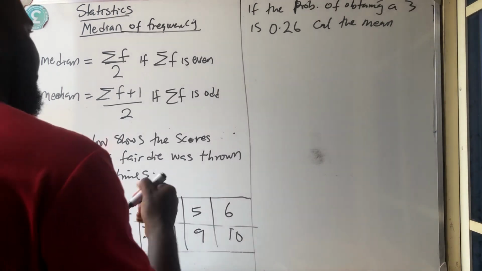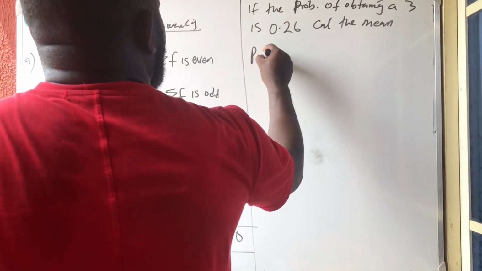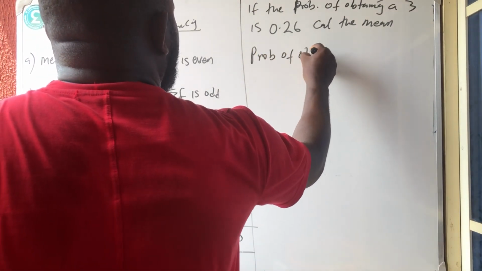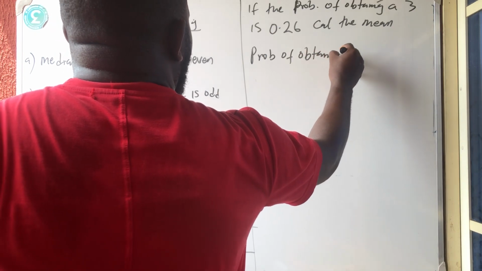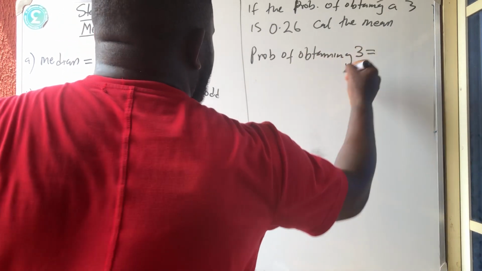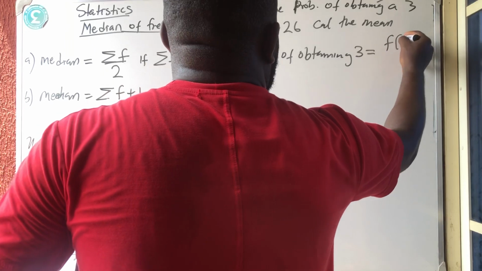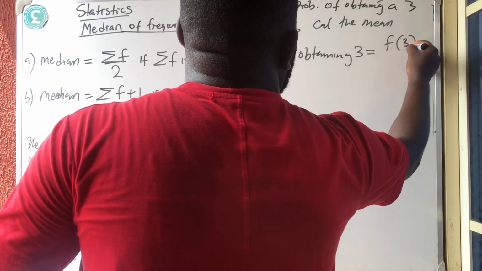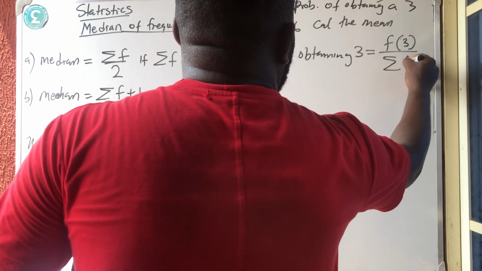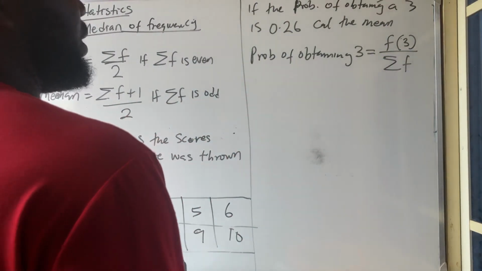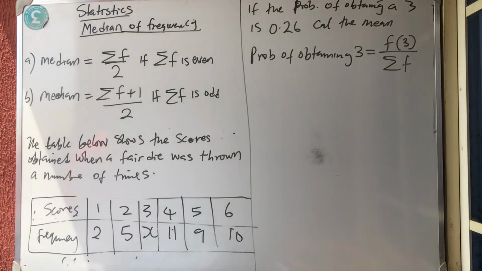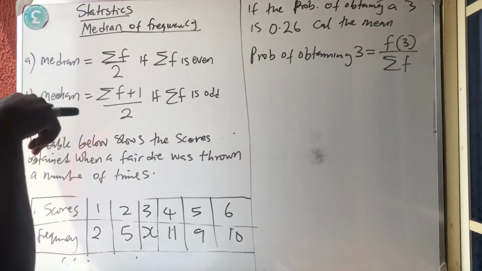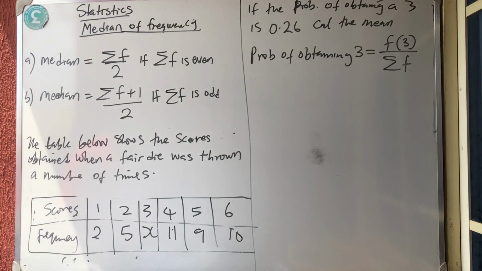The probability of obtaining 3 is simply the frequency of that 3 divided by the summation of the frequency. As simple as that. You know that probability means the thing you are talking about over the number of times you are supposed to get it.